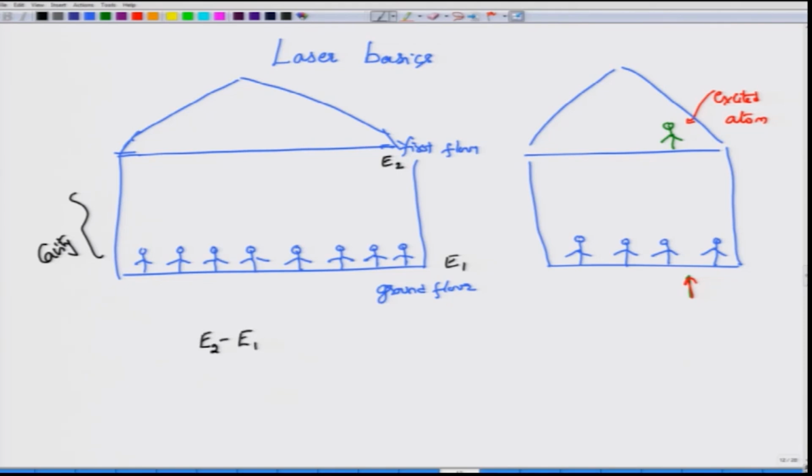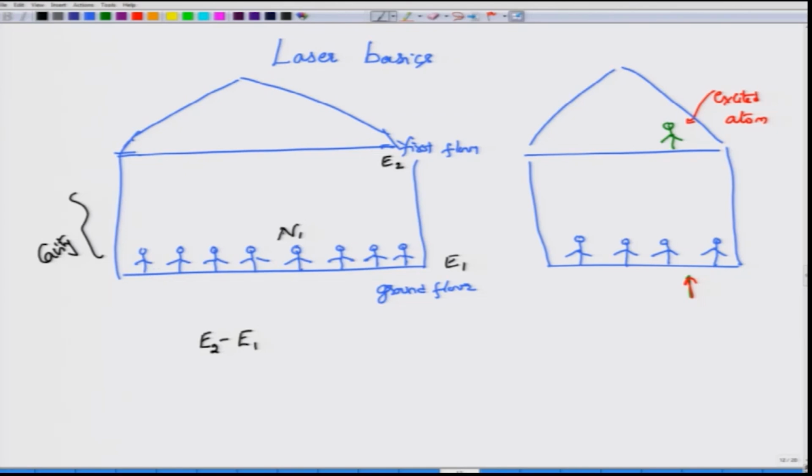A crude analogy I want to show here: someone has a house, and there is a party going on, with a lot of people attending. You have a certain population on the ground floor because the party is being held there, and in the normal condition of this party, everyone is occupying the ground floor.